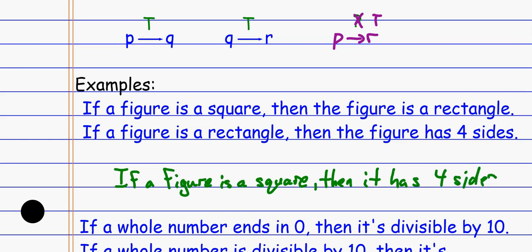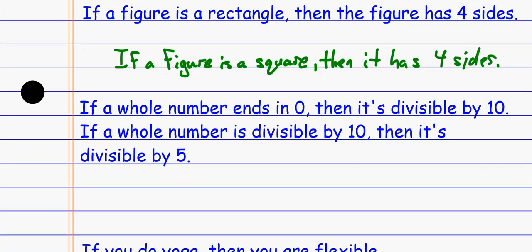Again, we're just making a connection from one thing to the next. If a figure is a square, then it's a rectangle. If it's a rectangle, then it has 4 sides. So that means now that we can conclude that if a figure is a square, then it has 4 sides. I can make that leap. That's the law of syllogism. Again, very much like the transitive property.